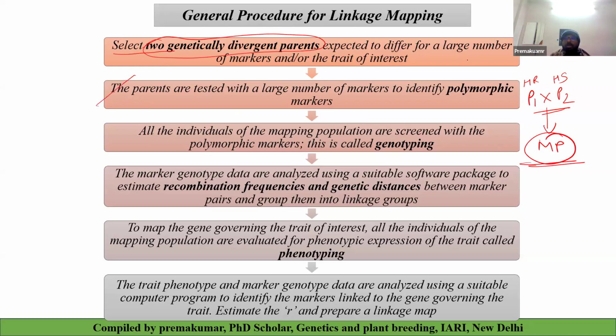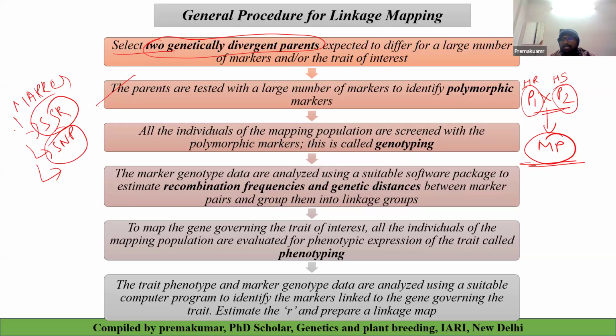Then you select some marker systems, either SSR markers or SNP markers, whichever is available. Generally we use SSR and SNP. Take the marker and run it on the parents. Then you identify a polymorphic marker.